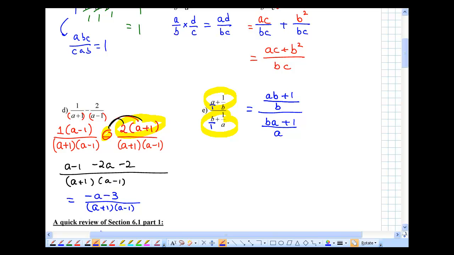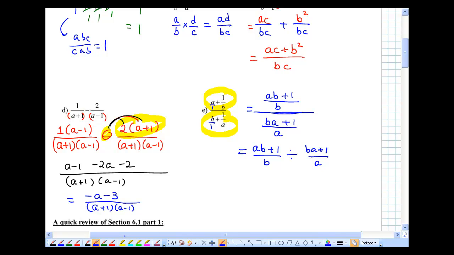Now we have this interesting scenario where we have a fraction over a fraction. This bar means divide. So I'll rewrite this as ab plus 1 over b divided by ba plus 1 over a. When you see this, people seem to be like, oh yeah, I know how to handle this now.